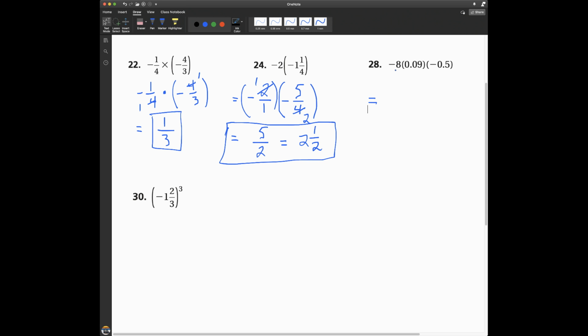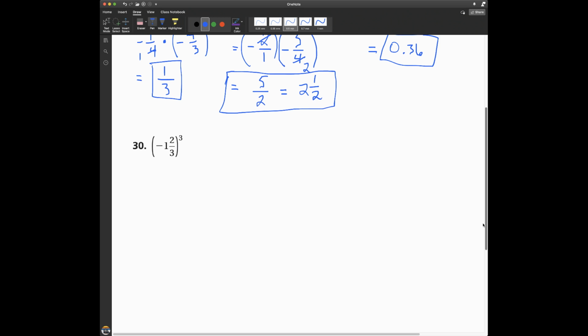So I just put all three of those in my calculator, multiplying them together, and I end up with a positive number, right? Because a negative times positive is negative, and negative times negative is positive. So my answer should be positive, and I get 0.36. So there's one of those calculator problems, and then we're good with that.